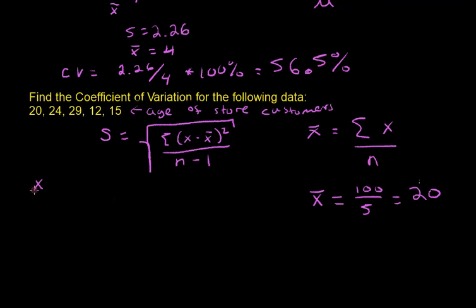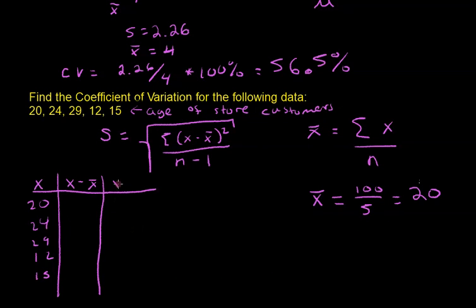To calculate the standard deviation, I like to make a table where the first column is the data: 20, 24, 29, 12, 15. The second column is the difference from the mean, and the third column is the squared difference from the mean. 20 minus 20 is 0, since the mean is 20. 24 minus 20 is 4. 29 minus 20 is 9. 12 minus 20 is negative 8. 15 minus 20 is negative 5.